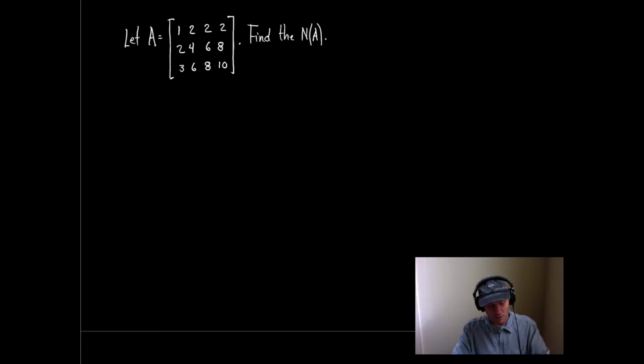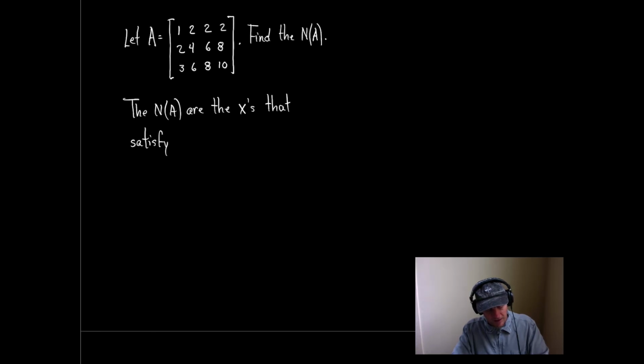Now remember, this is the null space of A. The null space of A are the x's that satisfy Ax equals 0. That's a 0 vector.